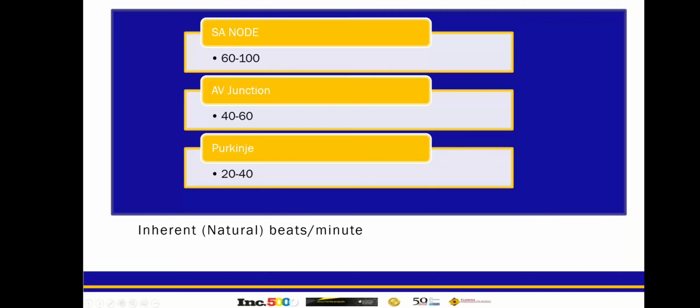In other words, if the electrical impulse is initiated by the SA node, we expect it to fall between 60 to 100. But if for whatever reason the impulse is coming from the junctional, it's going to be 40 to 60. And then, of course, if it comes from the ventricles, 20 to 40.